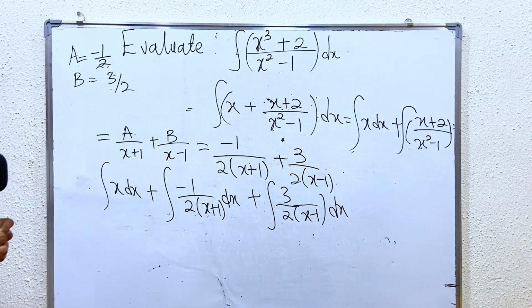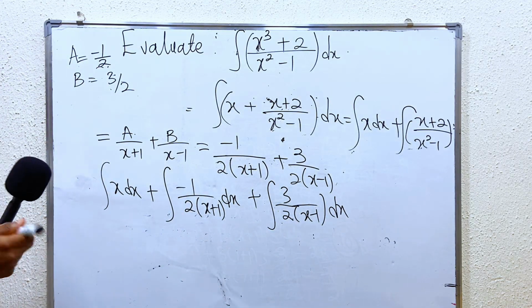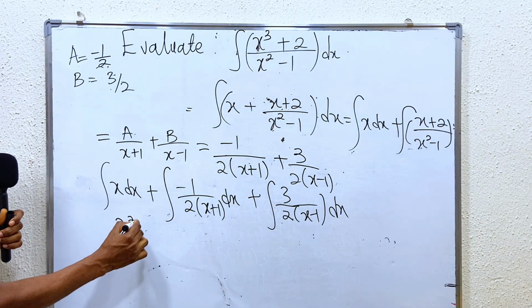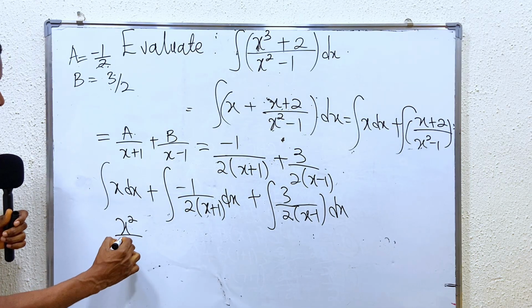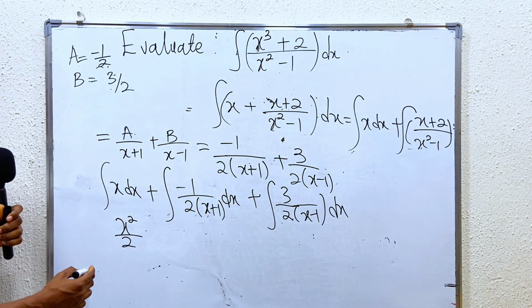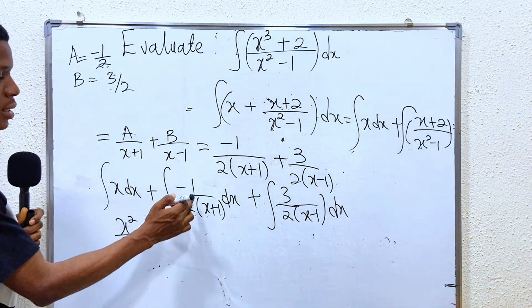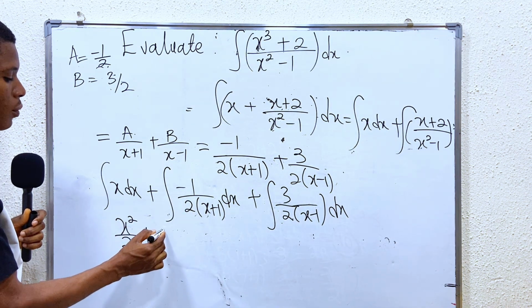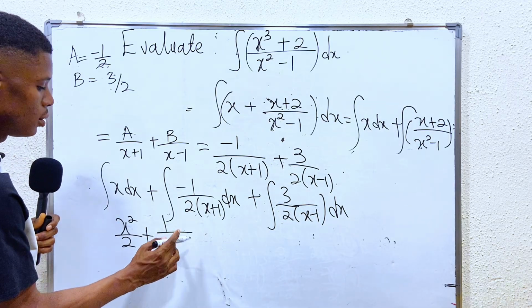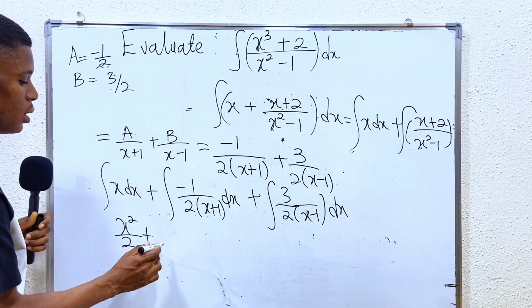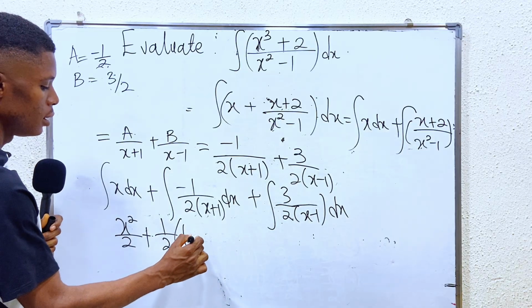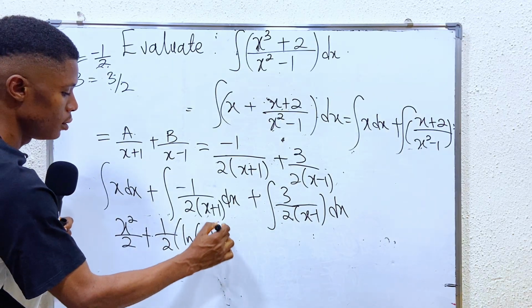Okay? So if you are integrating, you can now see if you integrate x, what are you having? You have x squared over 2. Plus, if you integrate this, the half will come out. You have minus 1 over 2 ln of x plus 1.